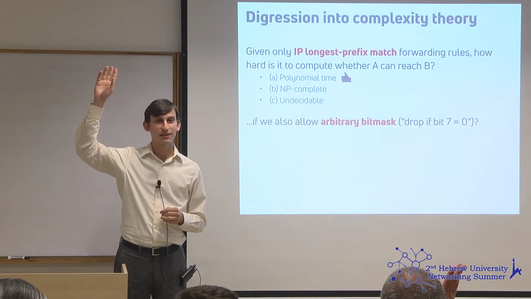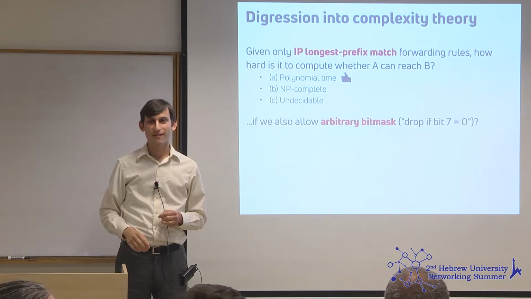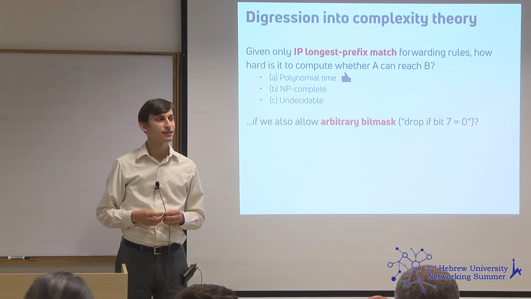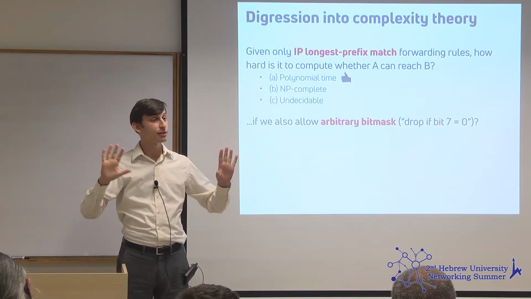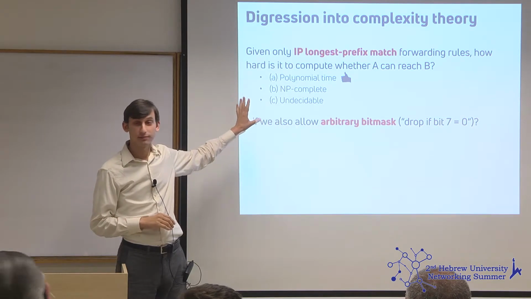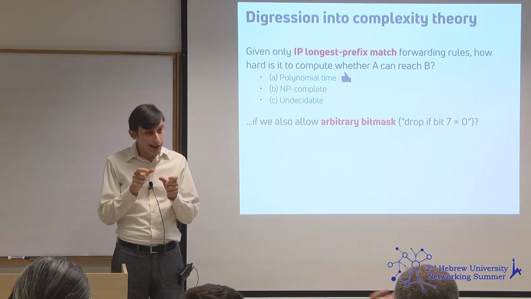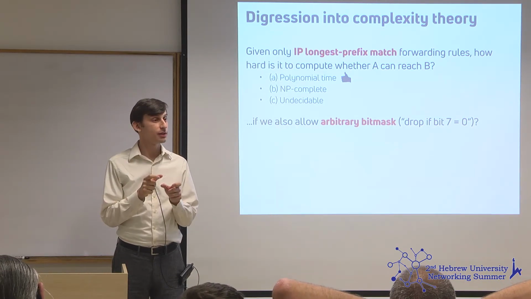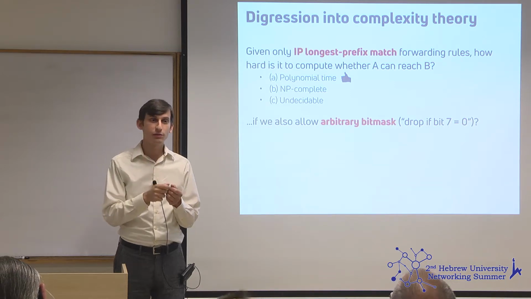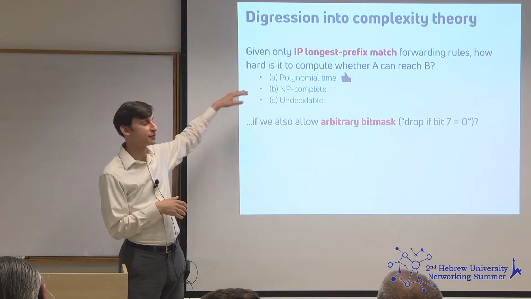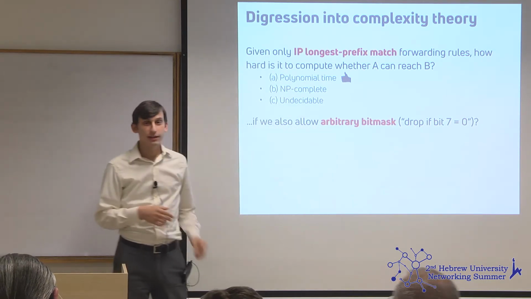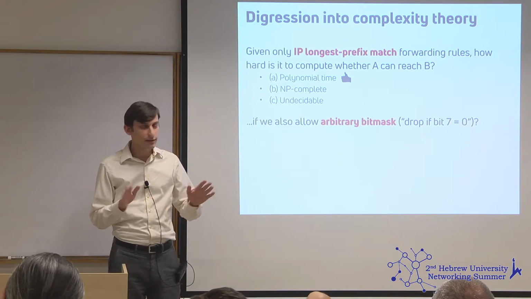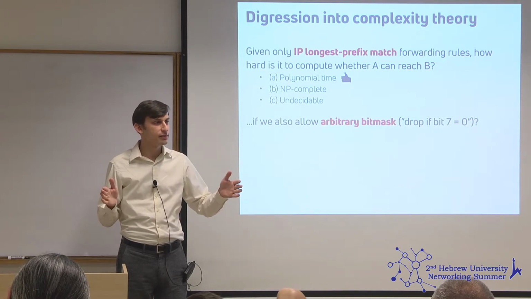Polynomial? Could you explain that again? So when you say we also allow this as an arbitrary... So we can have an arbitrary network topology in all of these cases. What a node can do in the topology is its forwarding rules have to satisfy these constraints. Here the constraint is just IP longest prefix match. Here, imagine it's still one field.